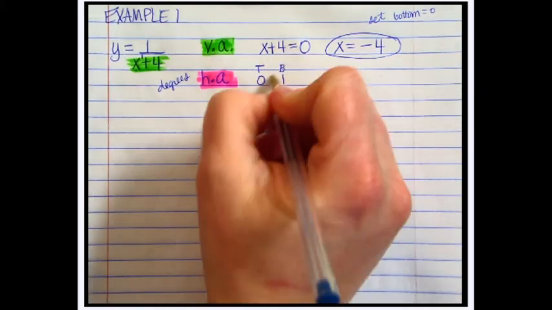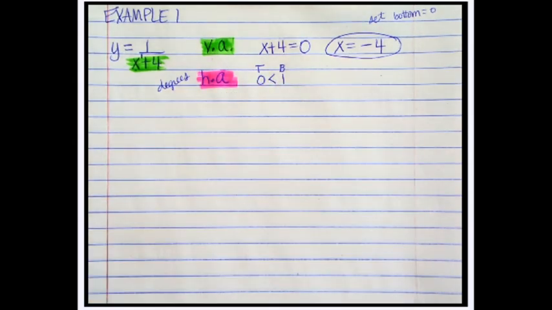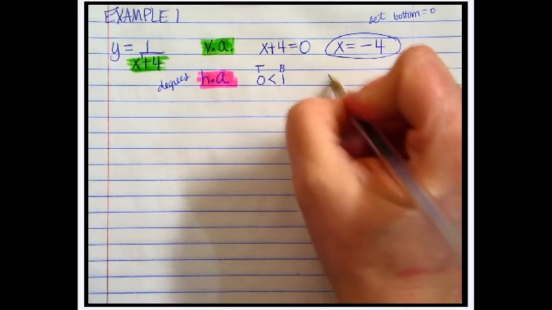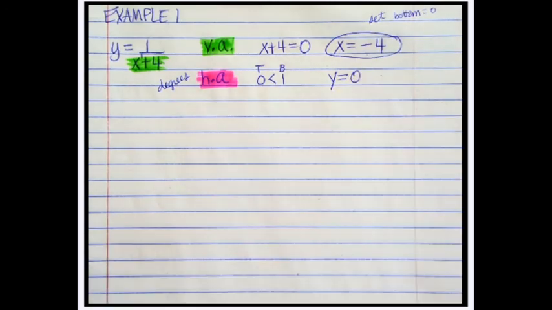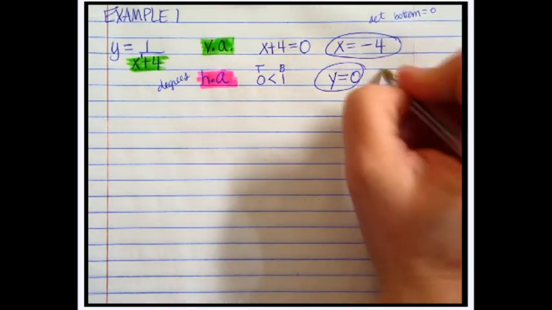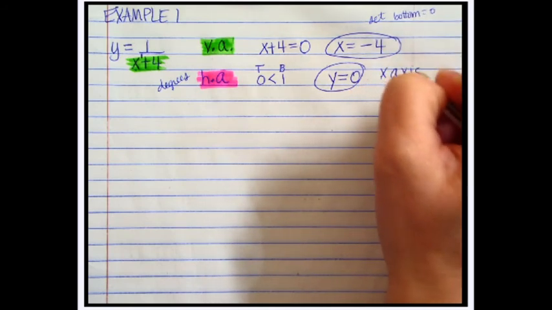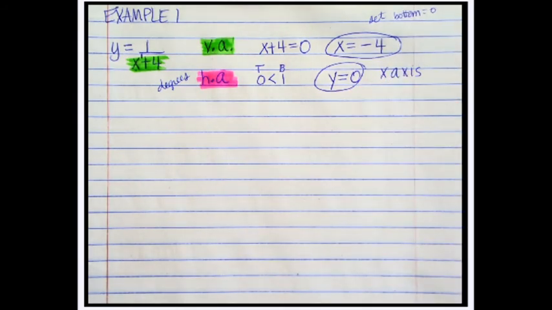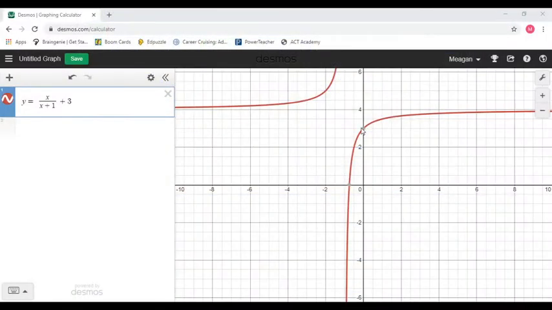Well, 0 is less than 1. If we go look at our notes that we had, that's scenario B, where the top is smaller than the bottom, and so that is our x-axis, or y equals 0. So we've found our two asymptotes in this case, x equals negative 4 and y equals 0. Let's go look at Desmos and see if Desmos agrees with us.